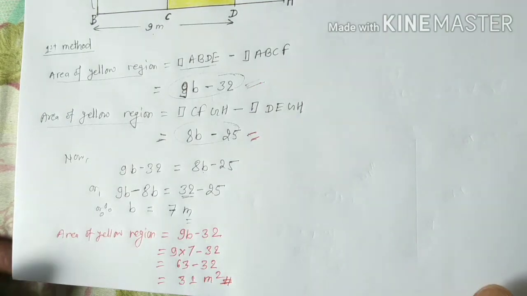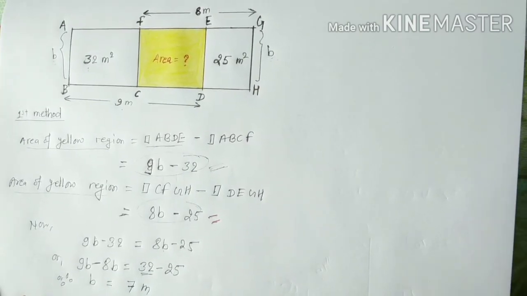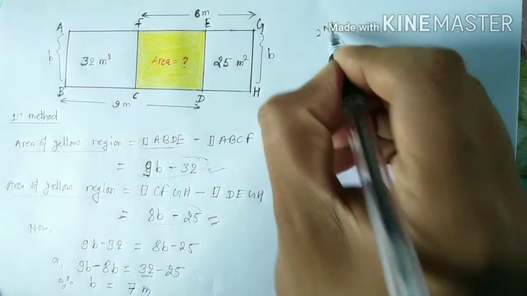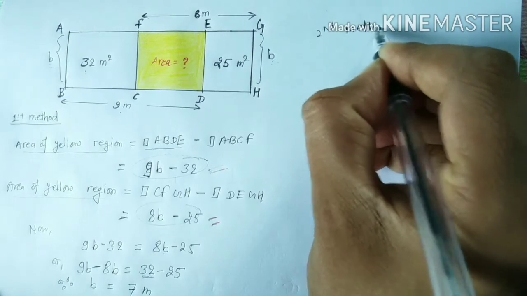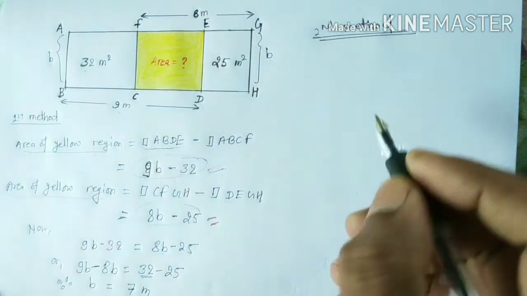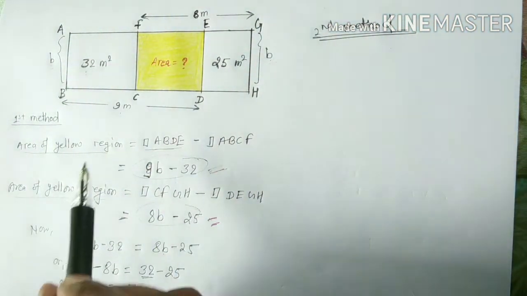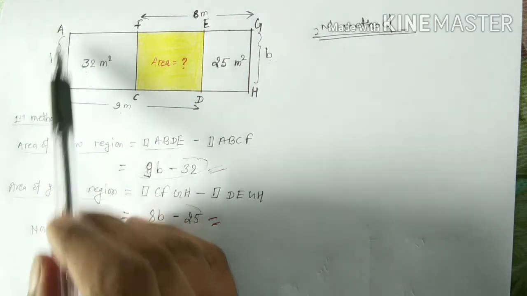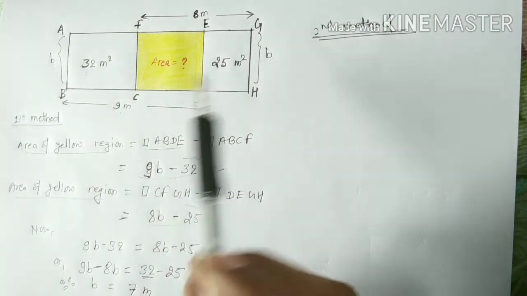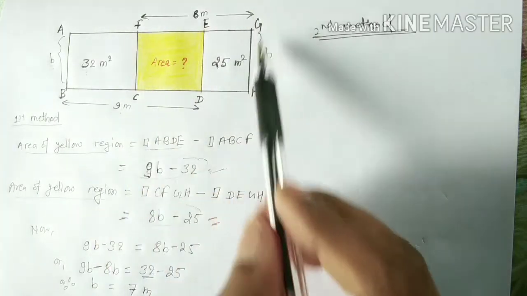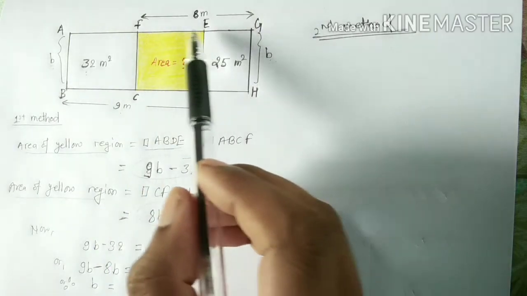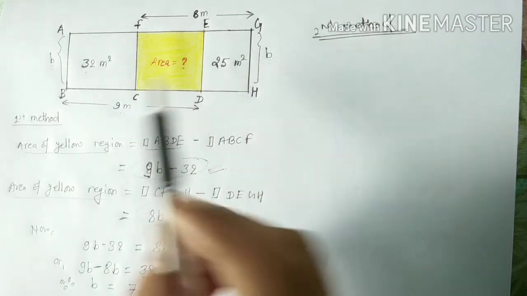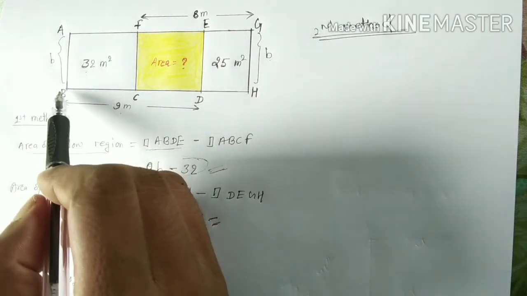Now the second method I will also show you here. Look here, second method. If we see these two rectangles, ABDE and the rectangle CFGH, then we can see they have the same breadth, they have equal breadth.